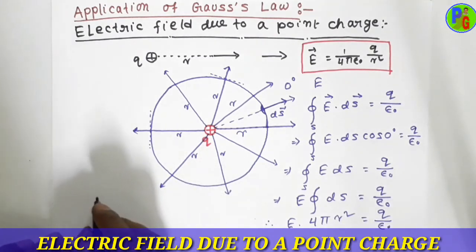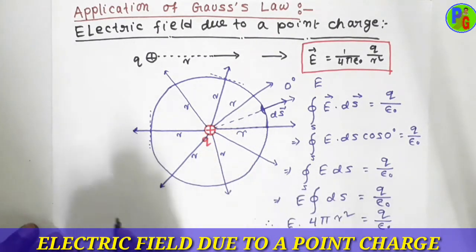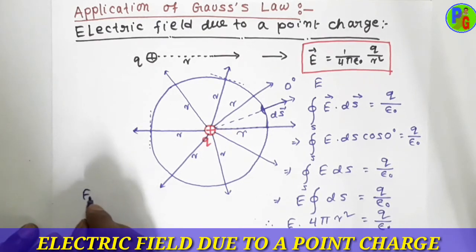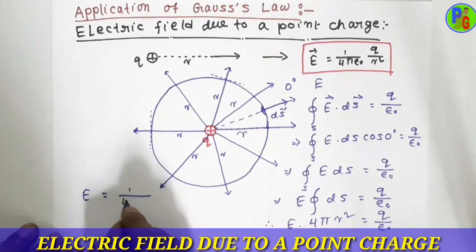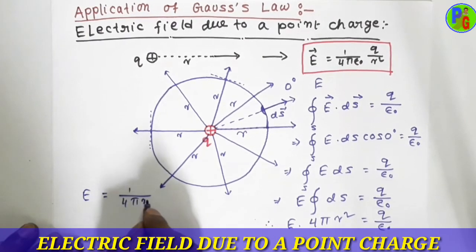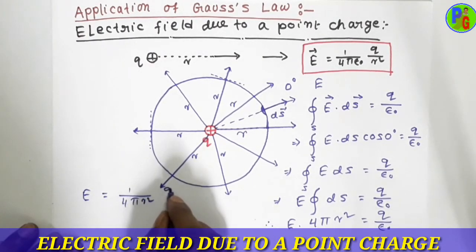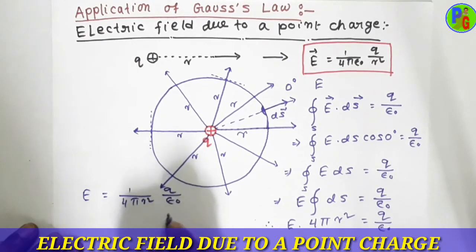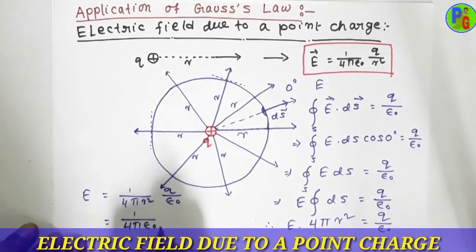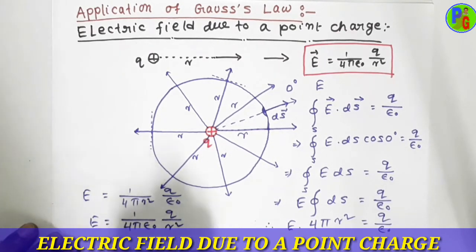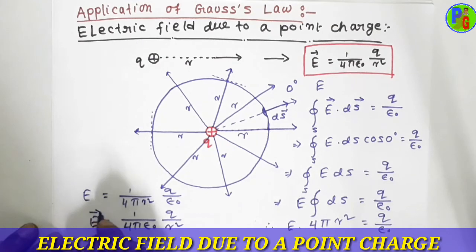Now from this equation we can write E is equal to 1 by 4 pi r square into q by epsilon naught, or it can be written as 1 by 4 pi epsilon 0 into q by r square. So using Gauss's law, now you can put the vector sign also.